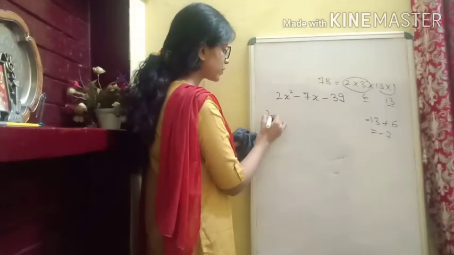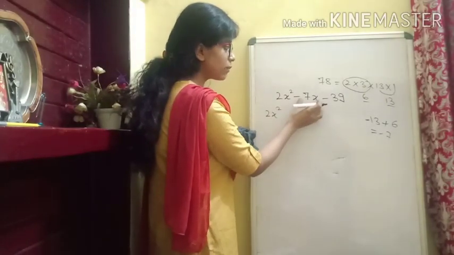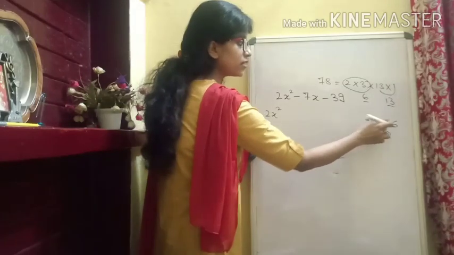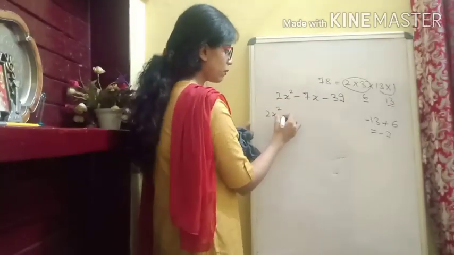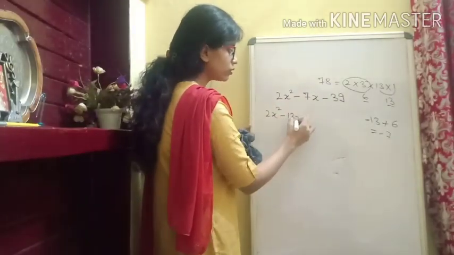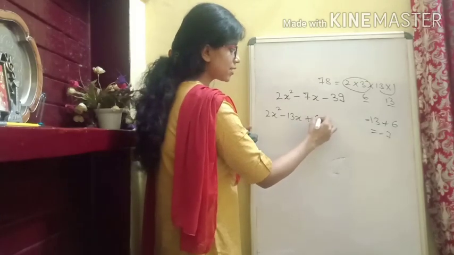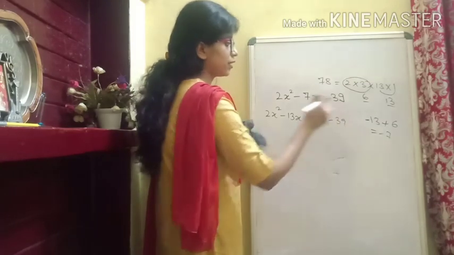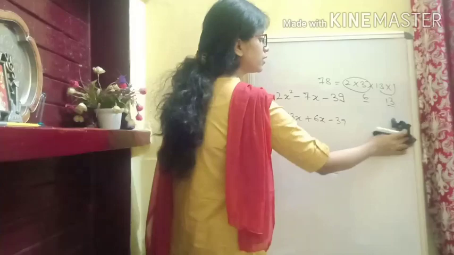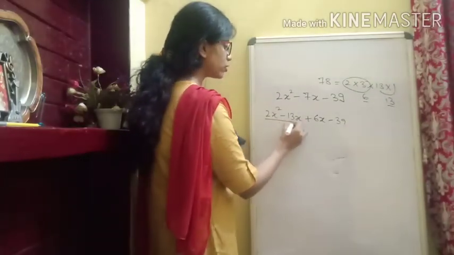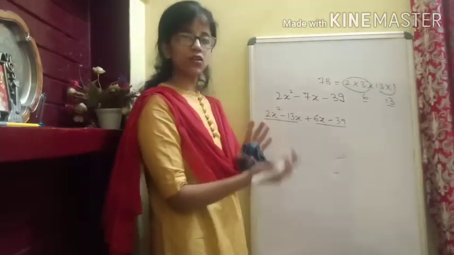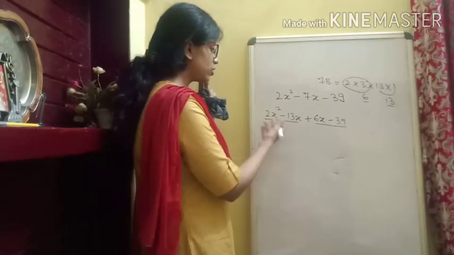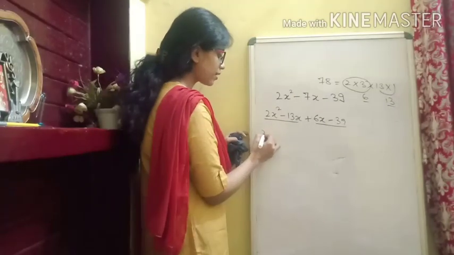So you see, 2x square, now minus 7, how can we write it as? Minus 13 and 6. So minus 13x of course, and plus 6x minus 39. And as you have split it, we now have 4 terms which we can pair and take common. The same procedure. So from the first 2 terms, x is common.